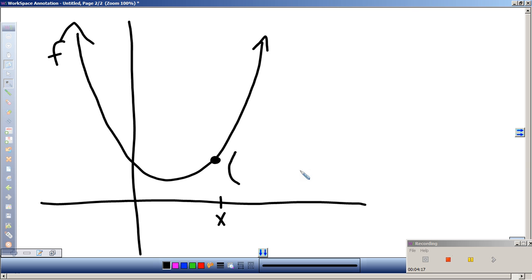Well, I've got x, so I know what x is going to be there. How would I get what y is? If I wanted to evaluate the function at x, I plug in x. So what that means is we're going to have f of x here.